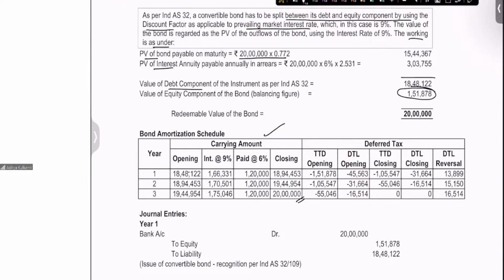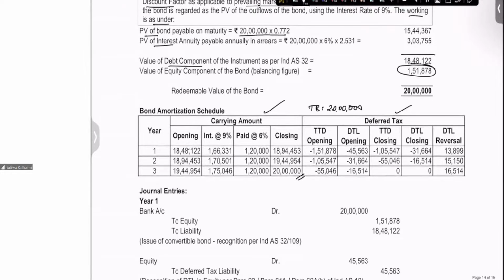Okay. Now look at the deferred tax component. I am recognizing my tax base is 20 lakhs. So here there is no doubt. Now 18,48,000 minus 20 lakhs. Opening difference is 1,51,878.